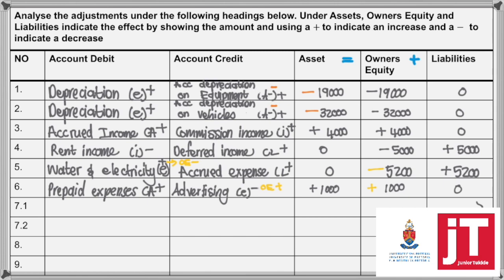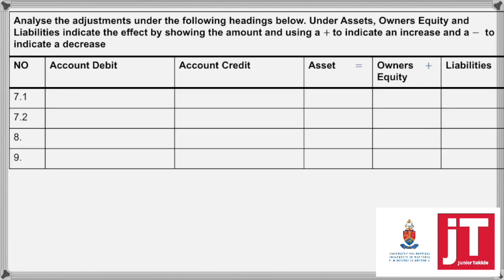Then 7, we're going to do in 2 parts. First, the trading stock deficit part, and then the consumable stores on hand. So we did a stock count, and we saw that we have trading stock, and we have to compare that to the value of the trading stock counted to the value on my books. And I see the trading stock, there's a deficit.